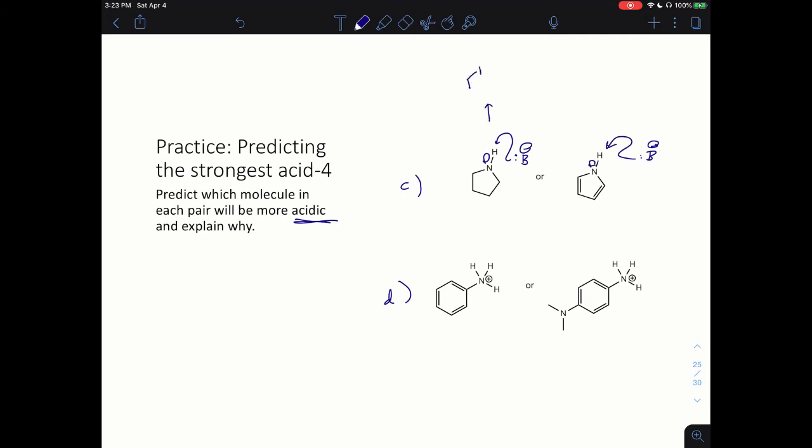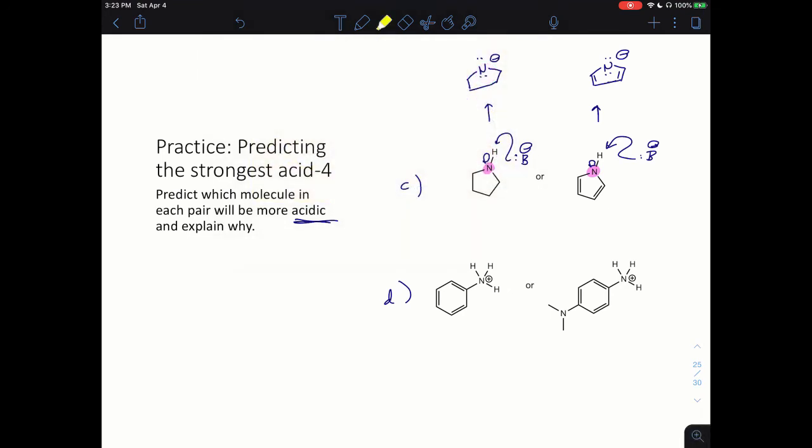Remember our mantra: the more stable conjugate base corresponds to the strongest acid. So there are two conjugate bases.